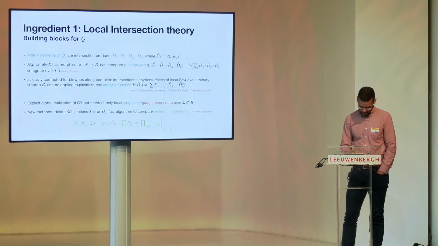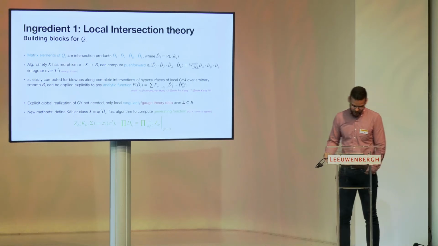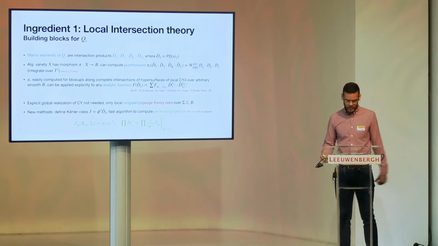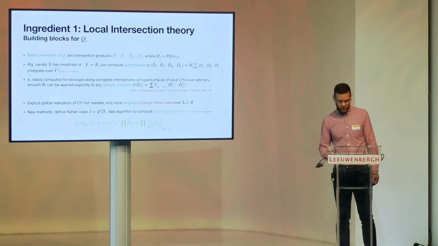The nice thing about this push forward technology, if you like, is that it can be very easily computed for resolutions that are decomposable into sequences of blowups along complete intersections of hypersurfaces of the Calabi-Yau.